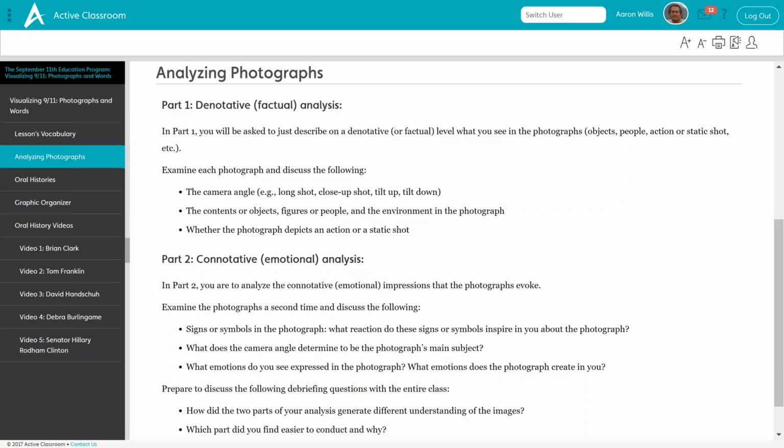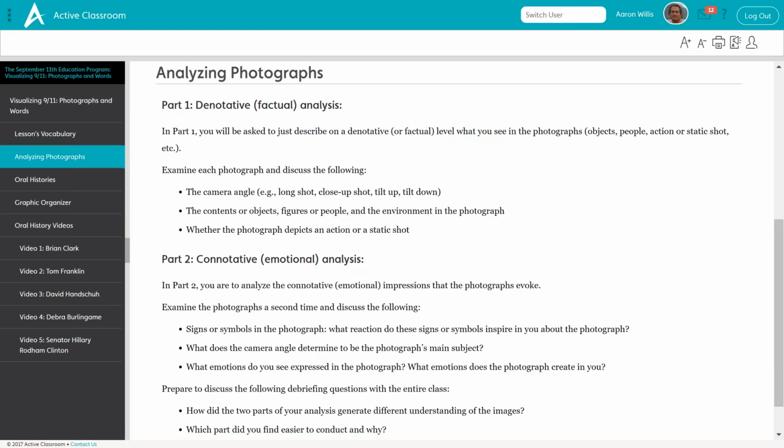And then the second part is to ask them, well, what is the emotional component of this photograph? How is that evoked? What are signs and symbols that are there in the photograph? Was a camera angle used to determine a point of view or to set a subject? Do you see emotions either expressed by the people in the photograph, or does the photograph inspire emotions in you?